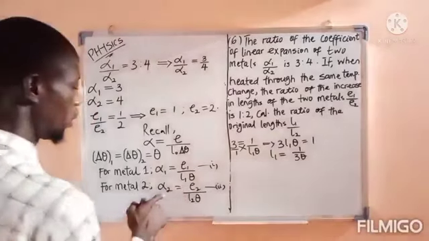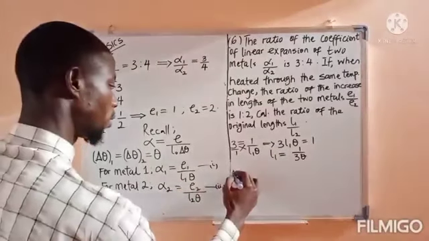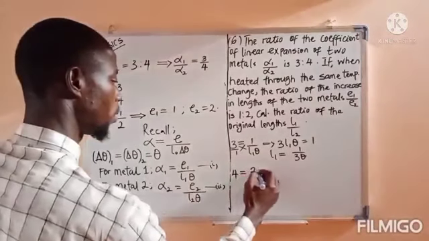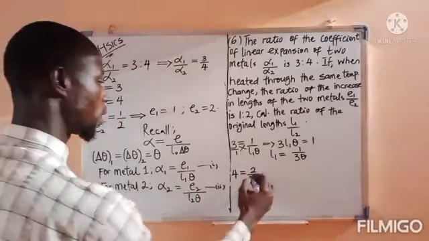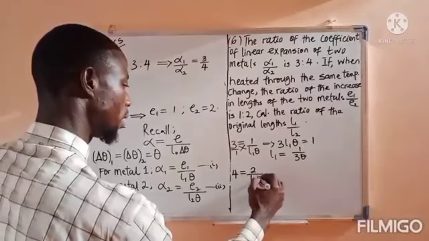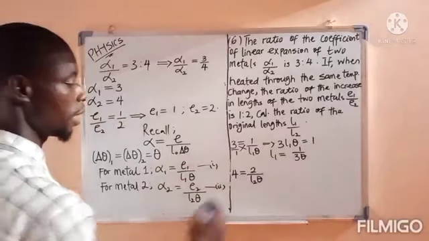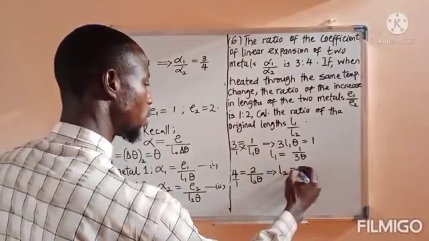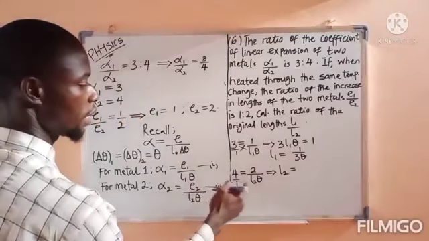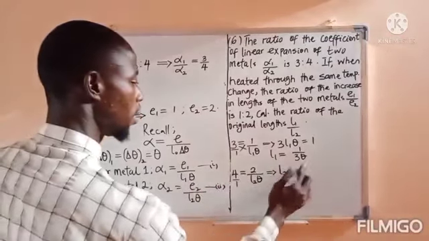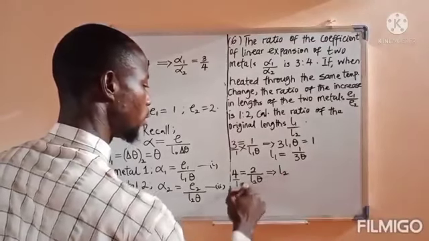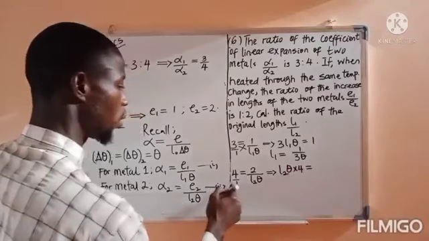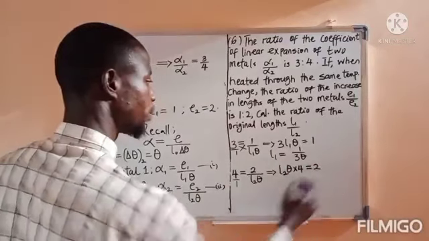So from equation 2, alpha 2 is what? 4, which is equal to E2, which is what? 2, all over L2, that is what I'm looking for, L2, then theta. I make L2 subject of the formula, cross multiply, which implies that 4 L2 theta is equal to 1 times 2, to give me what? 2.